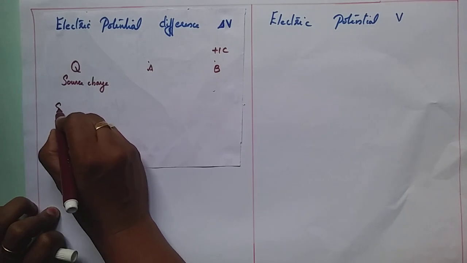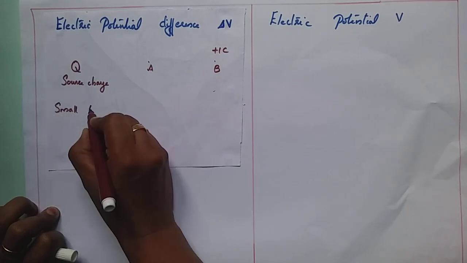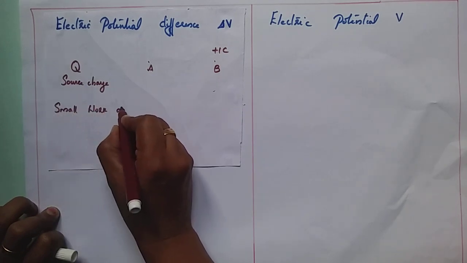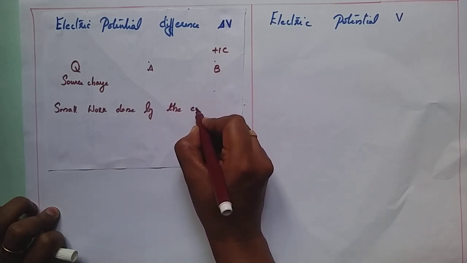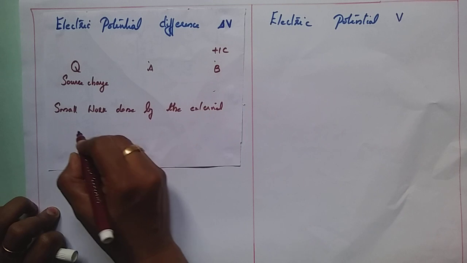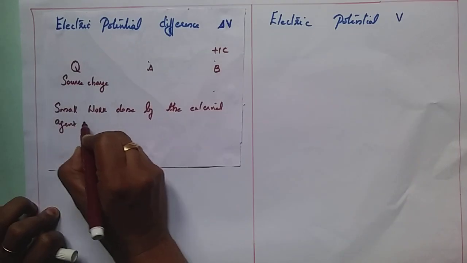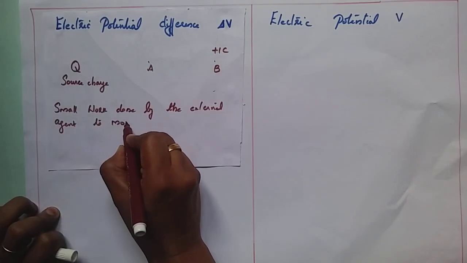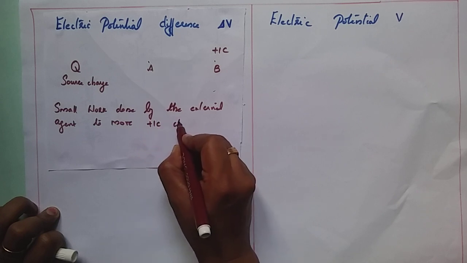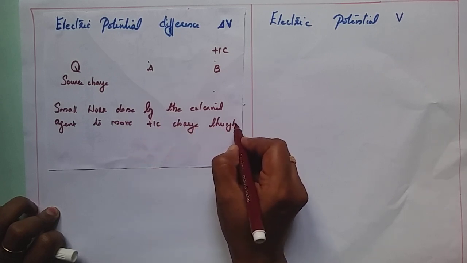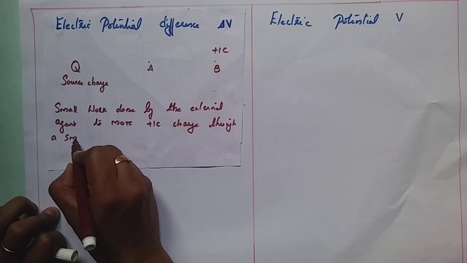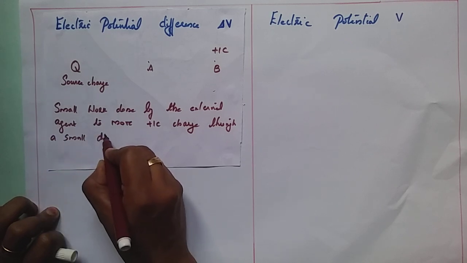So what is the small work done by us or by the external agent to move 1 coulomb charge through a small distance?